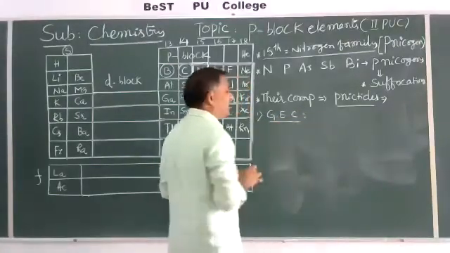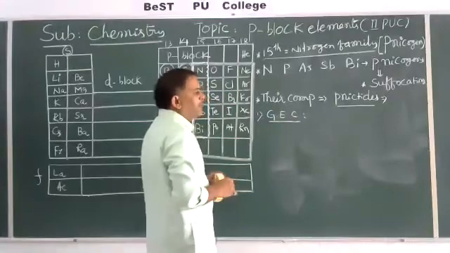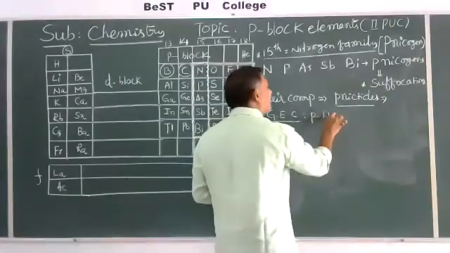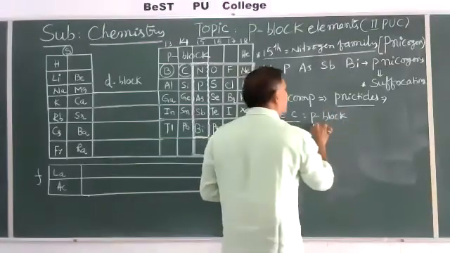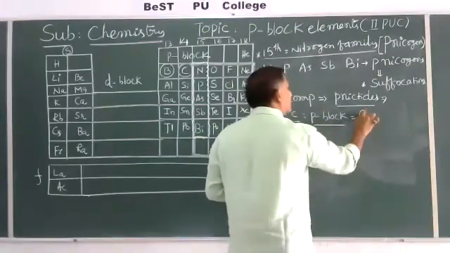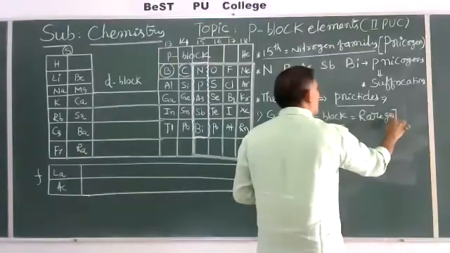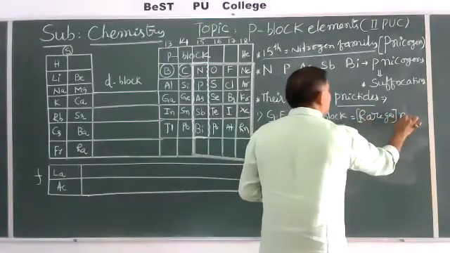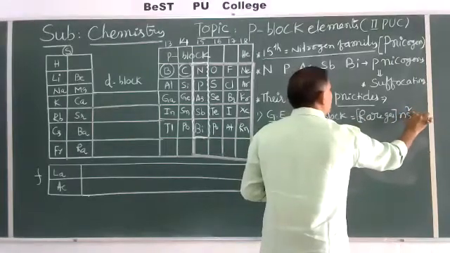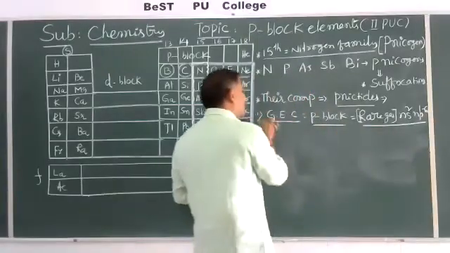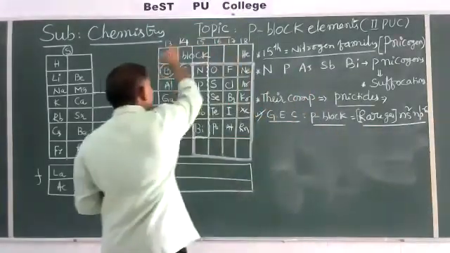For the complete p block, the general electronic configuration is rare gas, or noble gas, inert gas, ns2 and np1 to 6. That is the general electronic configuration of the complete p block.